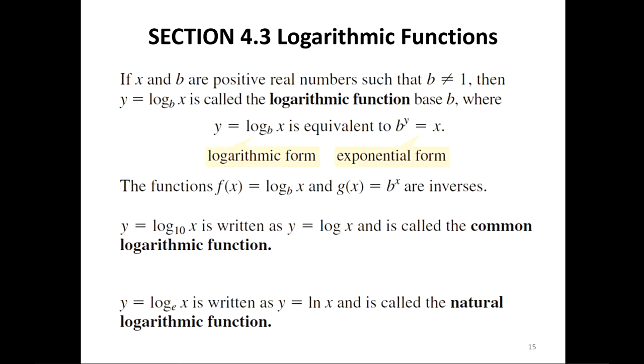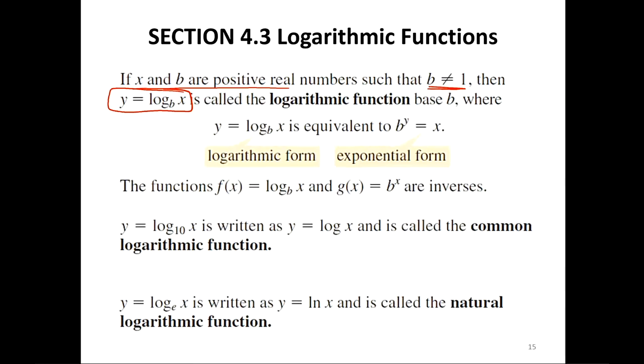Okay, if we have x and b positive real numbers, such that b is not equal to 1, then y equals the logarithmic function, logarithm of x to base b. x must be positive, b must be positive; b is called the base, x the argument, and y is the value of the logarithm.